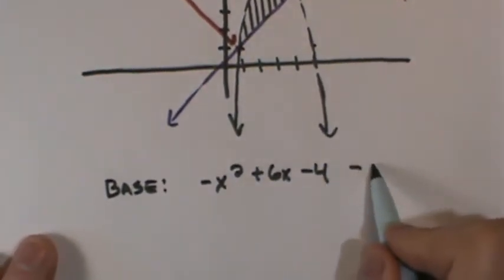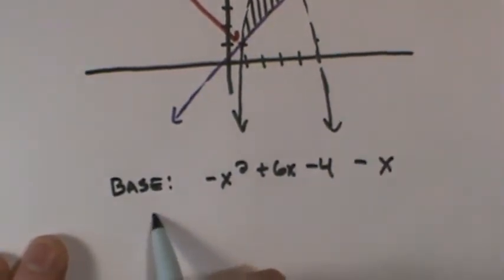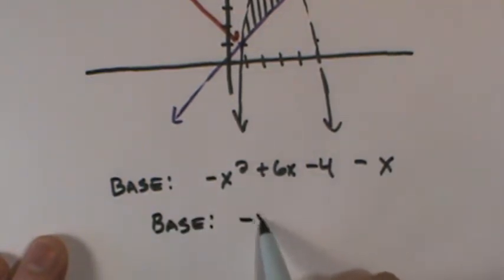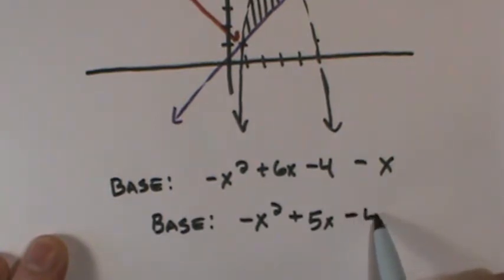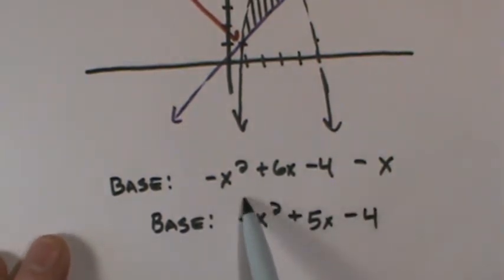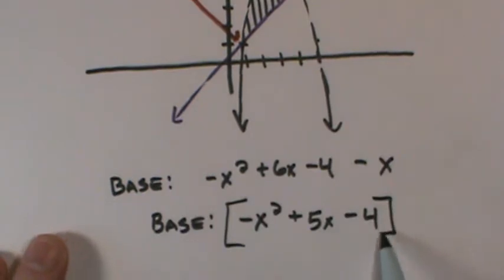So I'm going to subtract x. That means that I can establish a base of negative x squared plus 5x. Almost messed up there. 6x, take away x is plus 5x, minus 4. This, for all intents and purposes, is done.